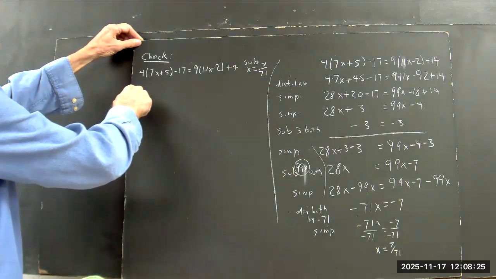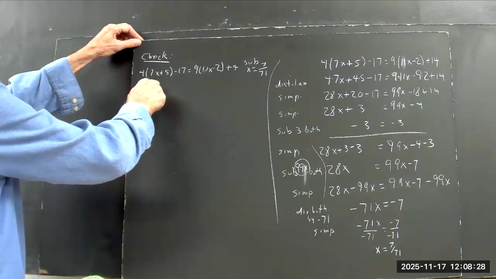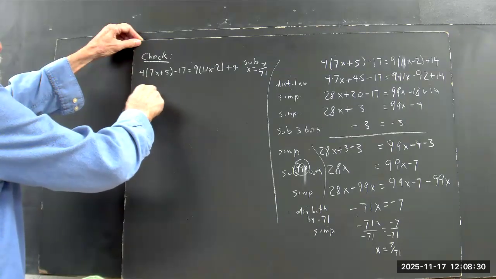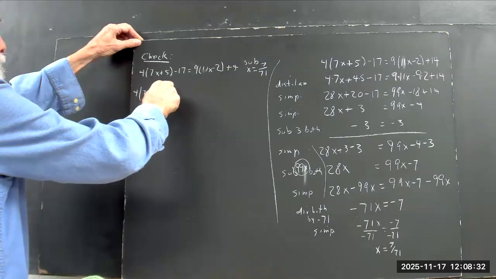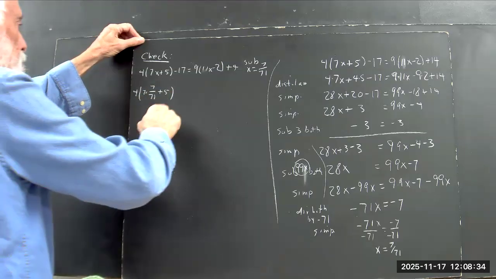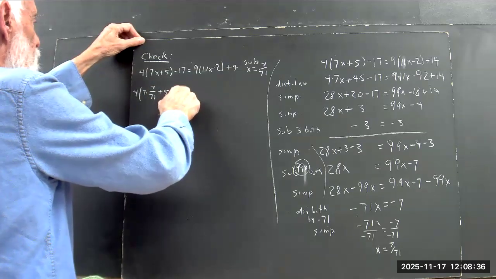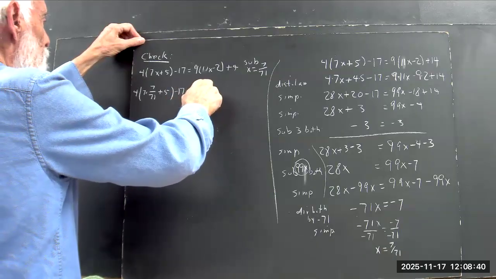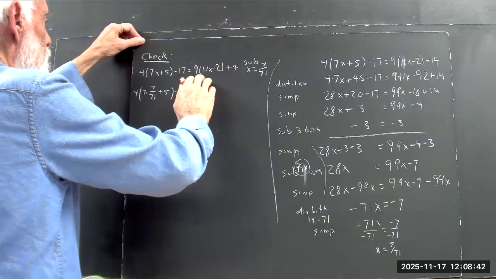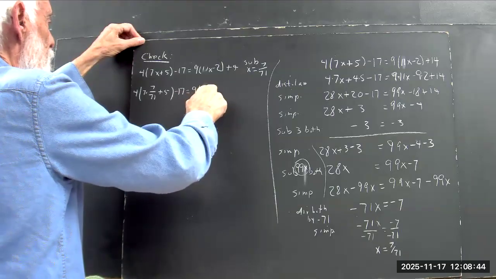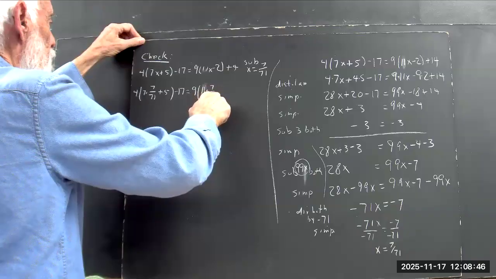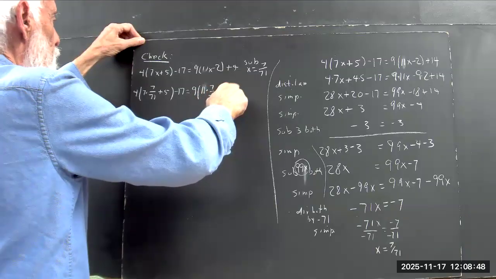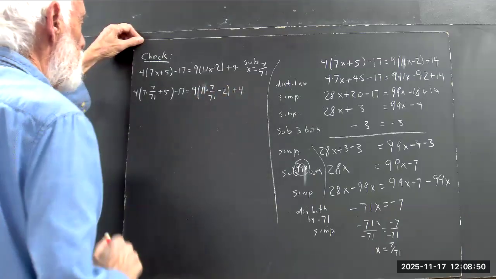And we get 4 times 7 times 7 over 71 plus 5 minus 17 equals 9 times 11 times 7 over 71 minus 2 plus 4.